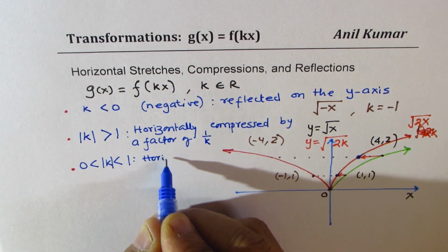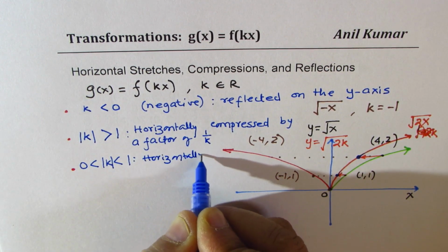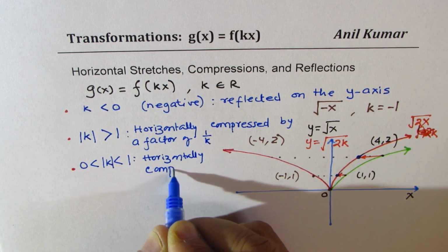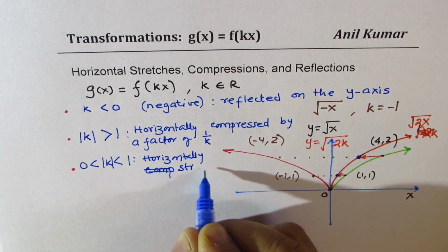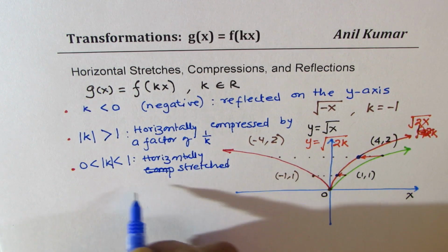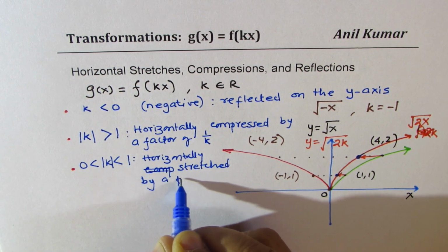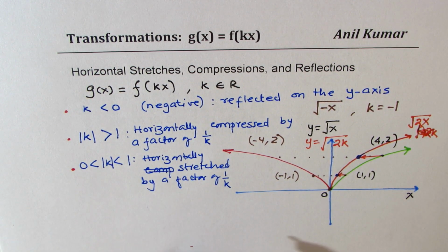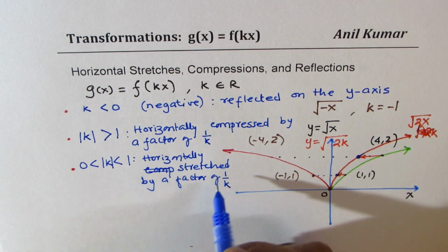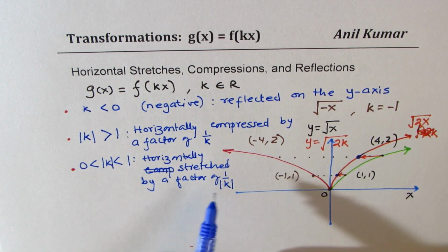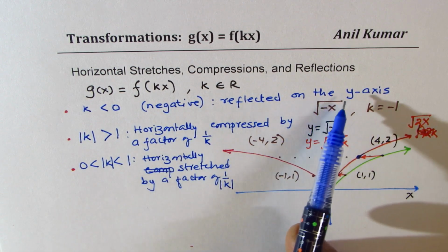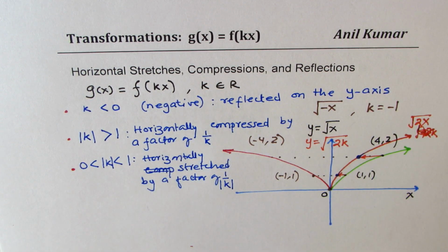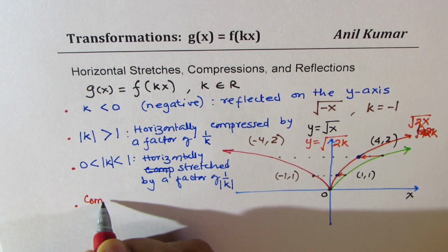So we are taking positive values, right? Because negative is a reflection on the y-axis, so these can be combined together. That's the whole idea. Okay, so we could have a combination of the above also.